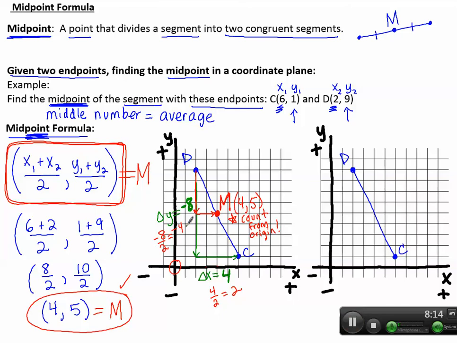Now remember in the last example, we drew the delta y and delta x, and it created this right triangle. I'm going to do that again. But notice instead of going down and then over to make a triangle, I could have gone from point C up and then left. Notice that makes another triangle.